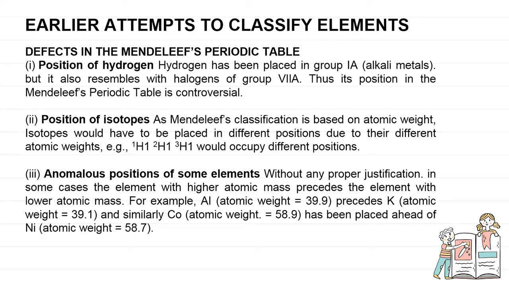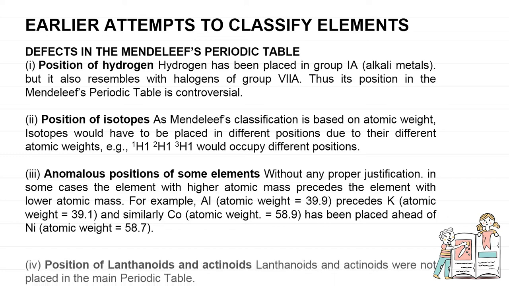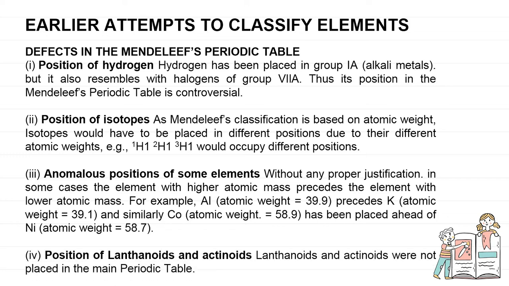Similarly, in the case of cobalt and nickel, cobalt has more atomic weight than nickel, but still it is placed before nickel in the table. Also, there was the position of lanthanides and actinides. Lanthanides and actinides were not placed in Mendeleev's periodic table at the time of its discovery. So, these are the defects in Mendeleev's periodic table.